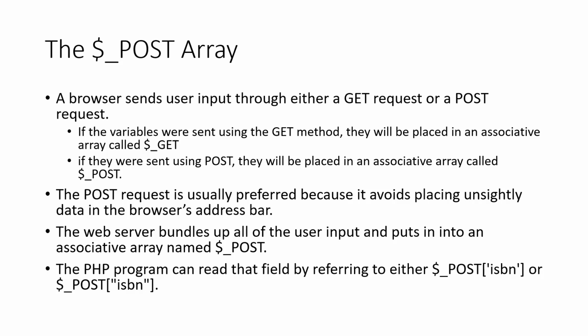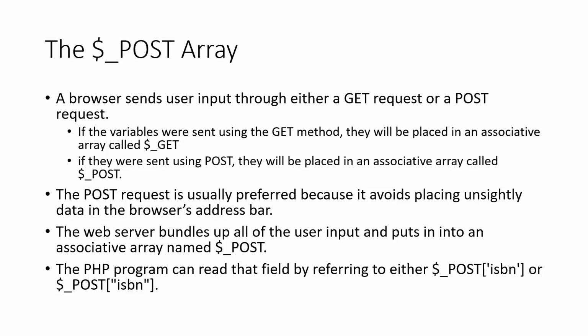Because if you use get, all the information will be displayed in the browser, especially in the URL, and it may contain sensitive information. So make sure you use the post method as the more appropriate way of transferring data through the browser.